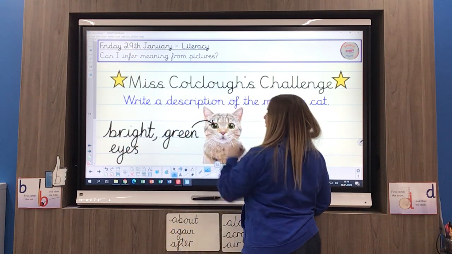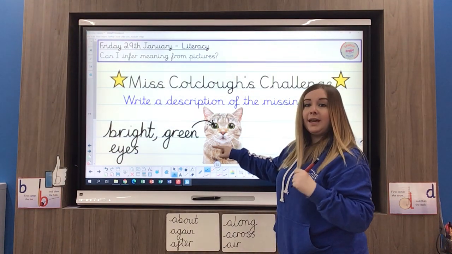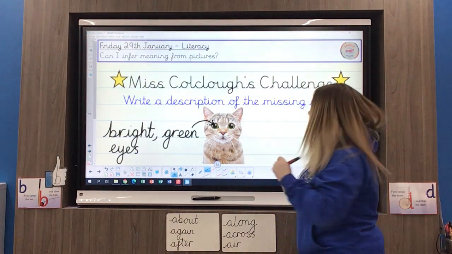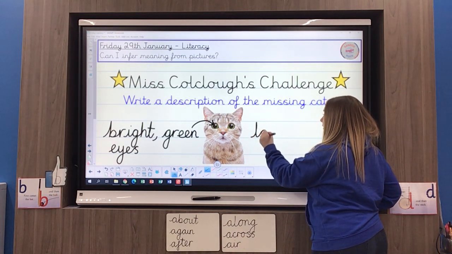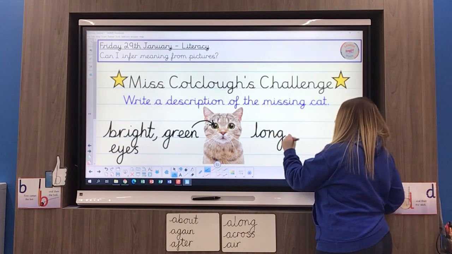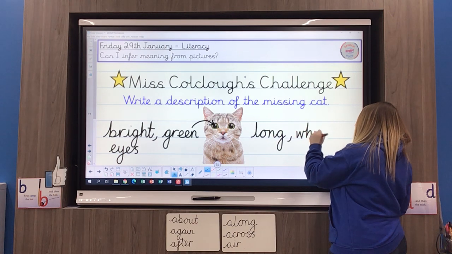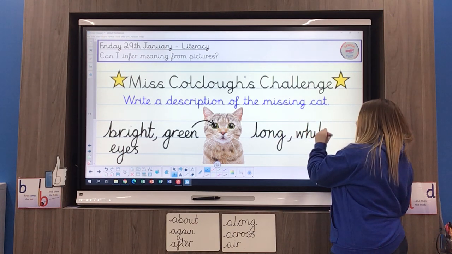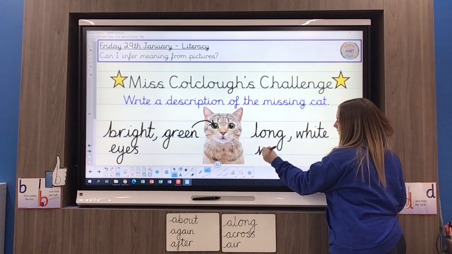It's got lovely bright green eyes, and I can also see some really long whiskers. So long white whiskers.